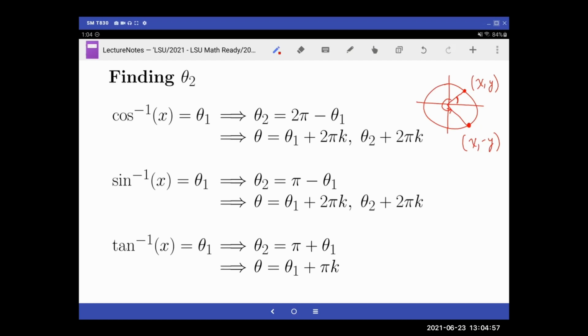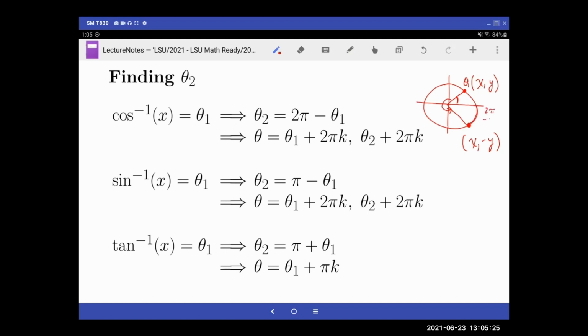So what you could do is find the first one. This is a shorthand if you don't want to do the whole circle. Find the first one, whatever means you have to, and then if you do 2 pi minus that first one, you get your second angle. You can kind of see that here. If this one was our first angle, then our second angle would be 2 pi minus our first angle.